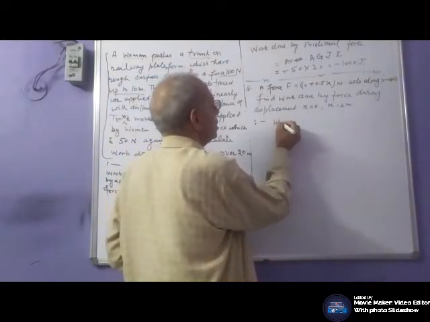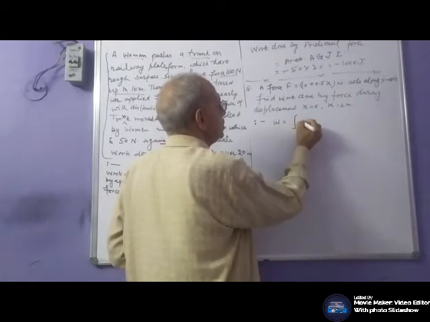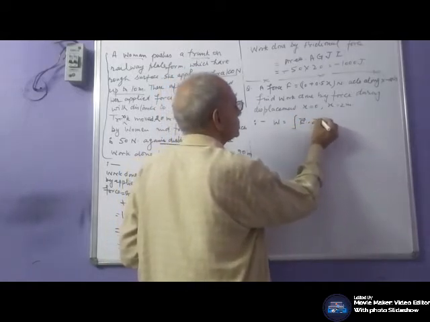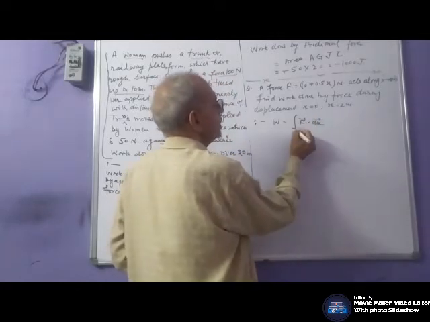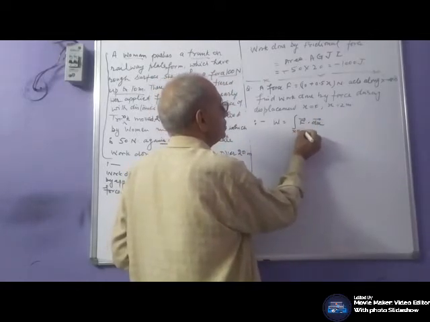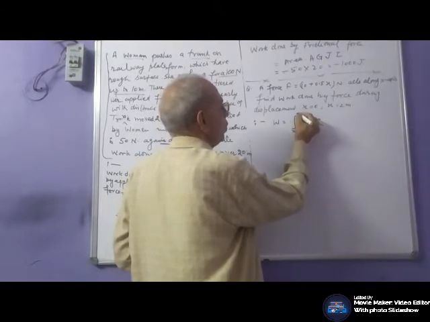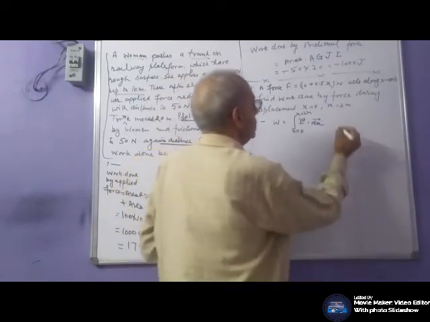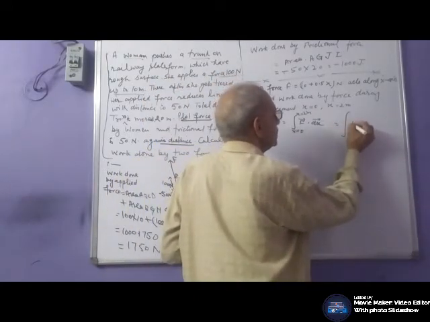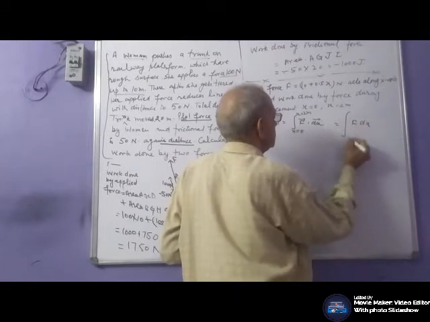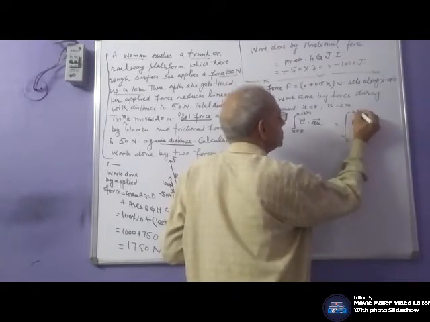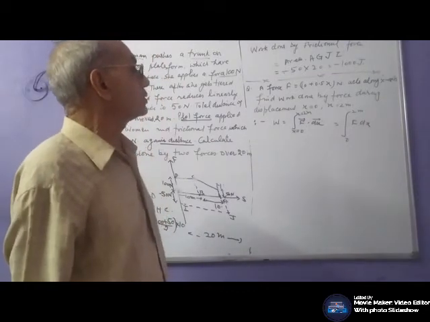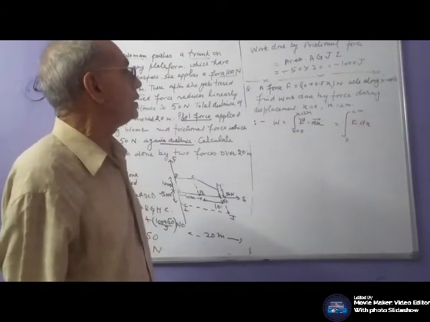Work, it is what? The integral of F dot dx, limit 0 to 2 meter. This is F dx, why? F dx cos theta, cos 0. Why?